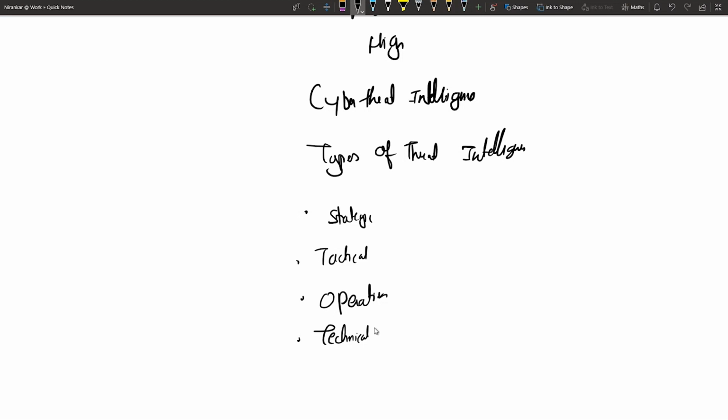Tactical is information on attacker TTPs, techniques and procedures, consumed by IT service, SOC managers, administrators, etc. Operational is information on a specific incoming attack, consumed by security managers and network defenders. Technical is information on specific indicators of compromise, consumed by SOC staff and the IR team, incident response team.